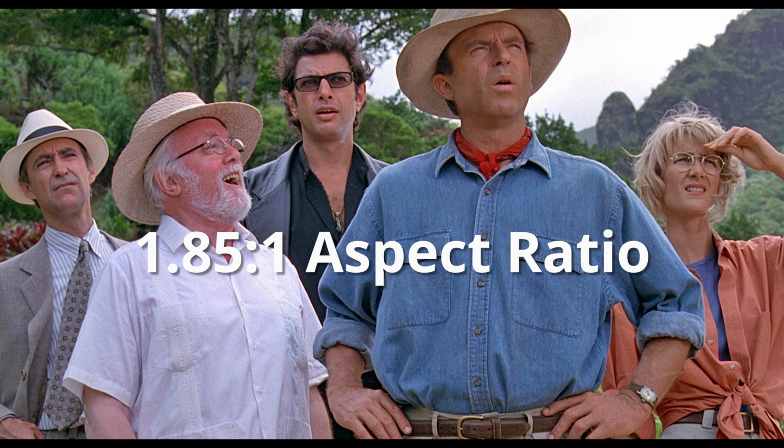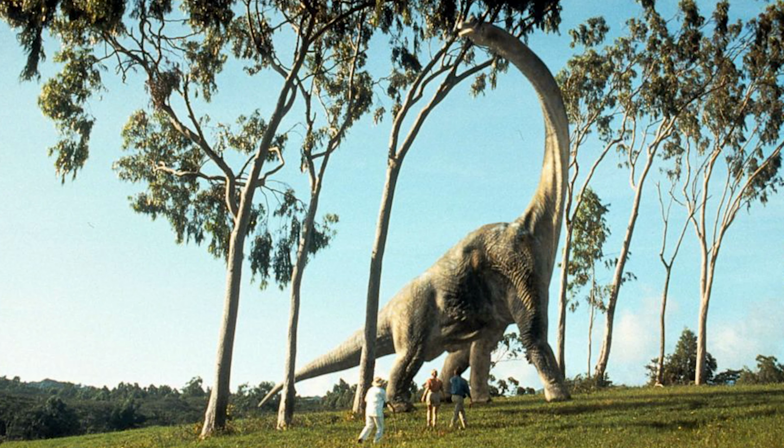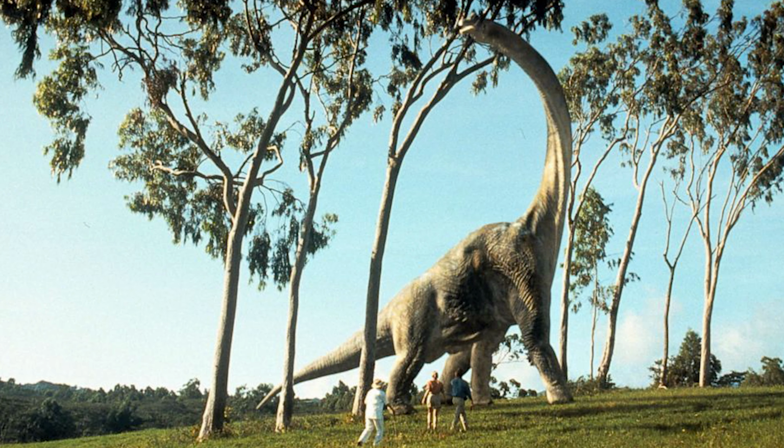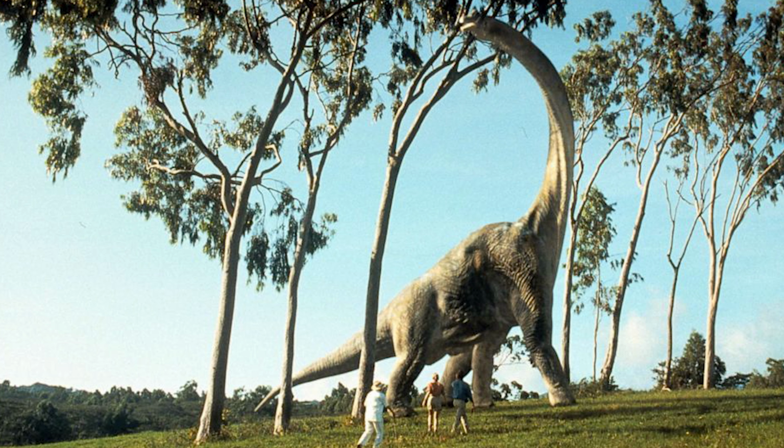Even something like, for example, Jurassic Park. Jurassic Park was filmed in basically a 1.85 to 1 aspect ratio, which is basically 16:9. Steven Spielberg didn't want to shoot it in CinemaScope because he wanted to have this grand scale of seeing large dinosaurs.